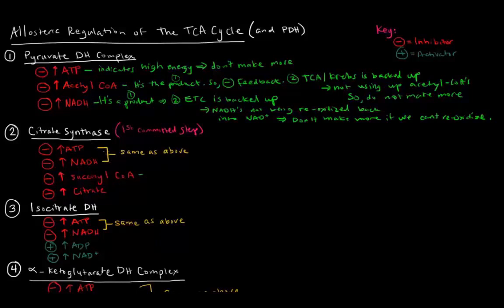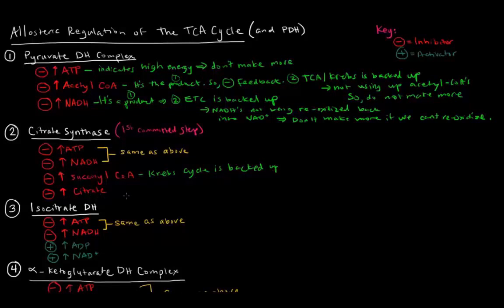If it's not being converted into succinate, then that could indicate that the Krebs cycle is not going to completion, right? So this is the whole idea that the Krebs cycle is backed up. I keep using Krebs and TCA interchangeably, so forgive me if that's at all confusing. They're the same thing. The high levels of succinyl-CoA indicate that the Krebs cycle is backed up, so we don't want to commit to the pathway if it's backed up, right?